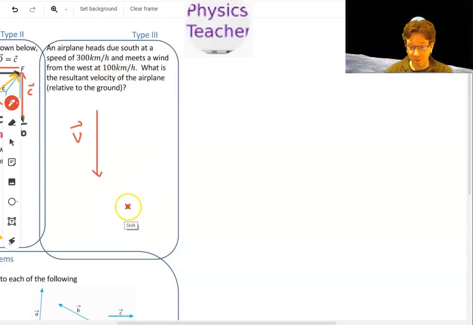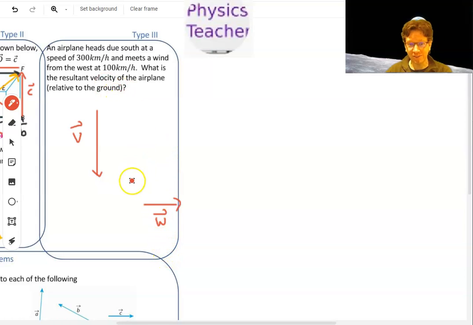If it's coming from the west, it's going to the east. So I'll make that length smaller. I don't have to draw a to-scale diagram like we did in the previous lesson, but do make sure that if one has a smaller magnitude, the vector is somewhat smaller. And I'm just going to label that W for the wind velocity.